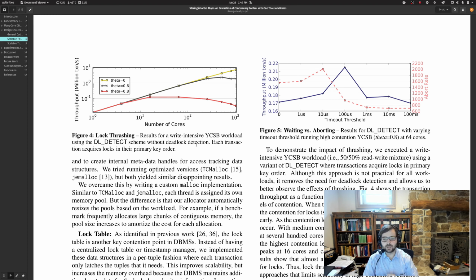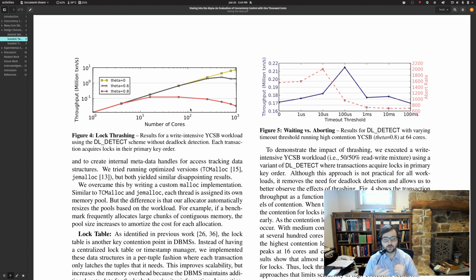And so what winds up happening is the database has to A, figure out that there's a deadlock, and then B, kill one of those competing transactions. And that can cause, as you'd imagine, some issues with throughput when you're killing transactions or when transactions are waiting. So those are all things that come into play and result in this tapering off of throughput when you have lots of transactions trying to access the same set of data.